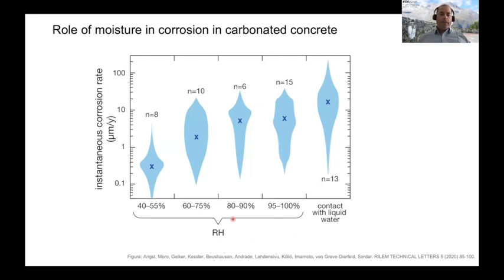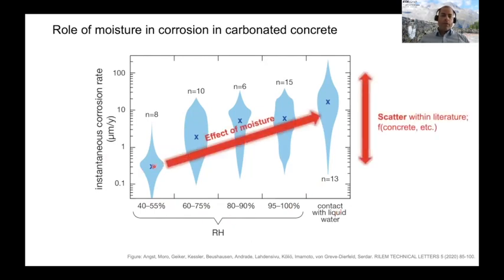What you can see here on this slide are all data from the literature where instantaneous corrosion rates have been collected or reported in different studies. If we group these studies according to the moisture states that were used, you can see a general trend of increasing instantaneous corrosion rates if we increase the moisture content.